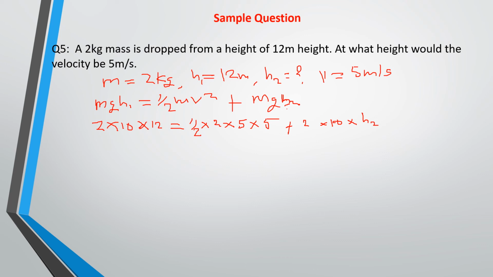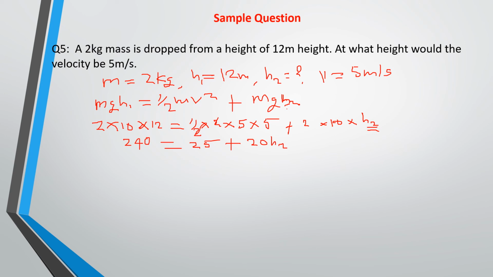This is what you are looking for. Okay, so if you work this out, you are going to have 2 times 10 is 20 times 12, which is 240, equals to, this will cancel out, so you have 25 plus 20 h2.